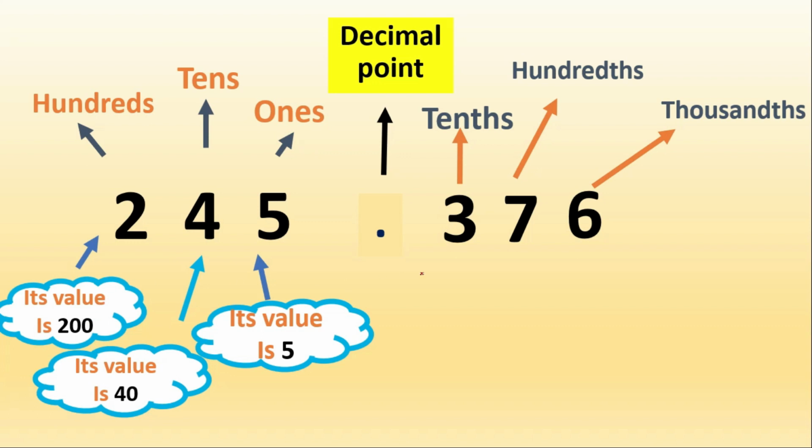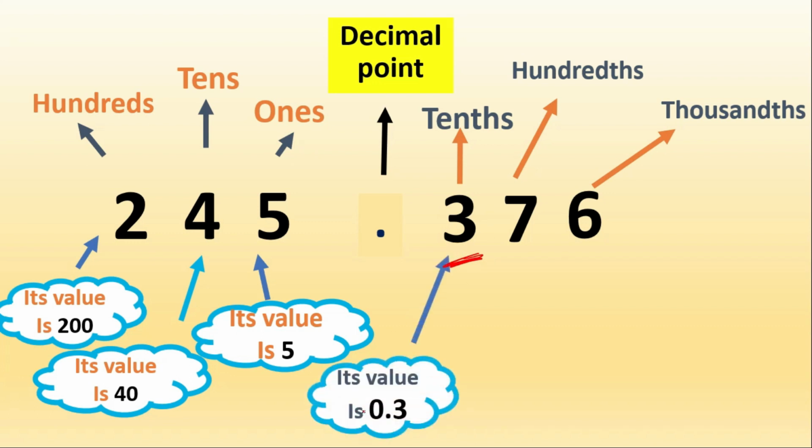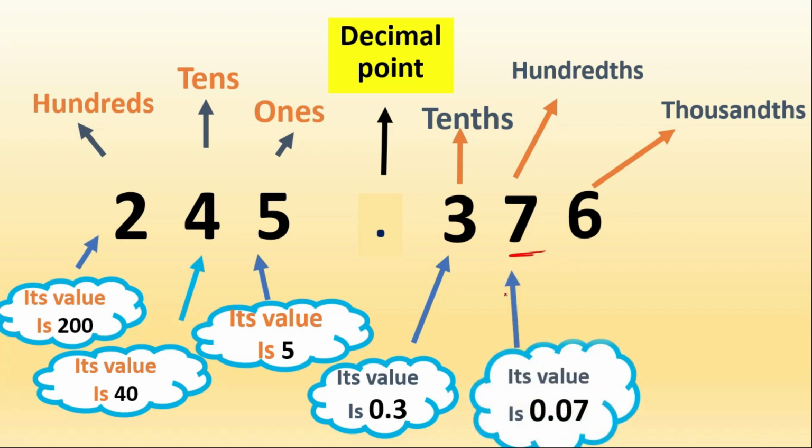Now let's talk about the decimal part. 3 in tenths, its value is 0.3. Got it? It is the first number after the decimal point. The next one, 7 in hundredths, its value is 0.07, 7 hundredths.